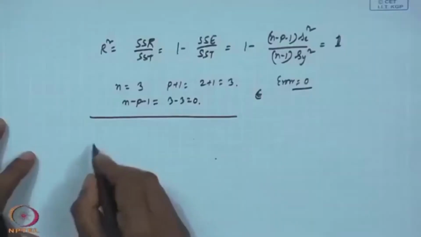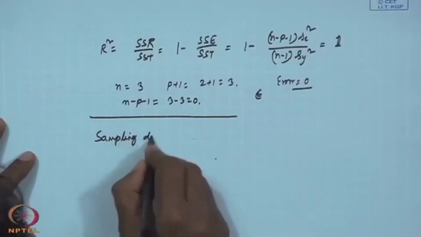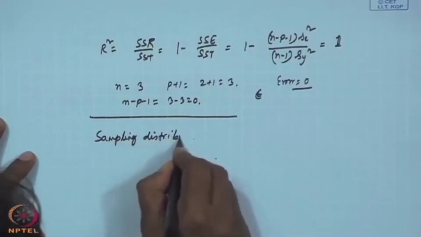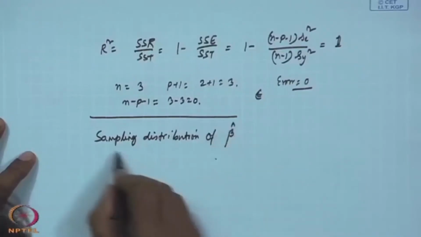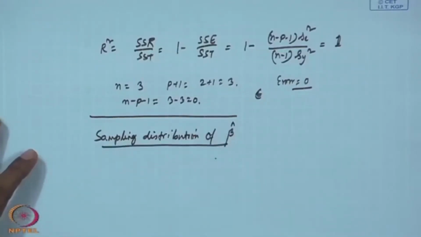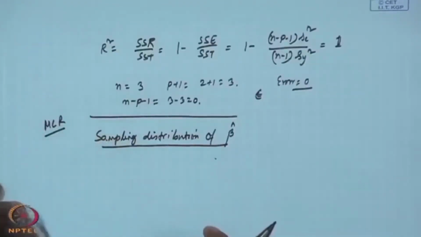Next is the sampling distribution of beta cap. So similarly, in MLR also we have found out the sampling distribution of beta cap.